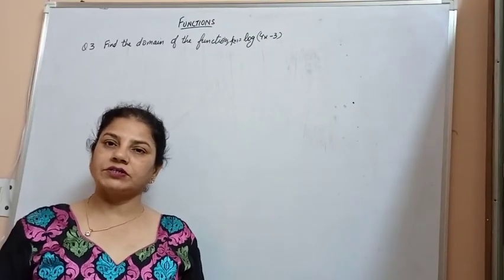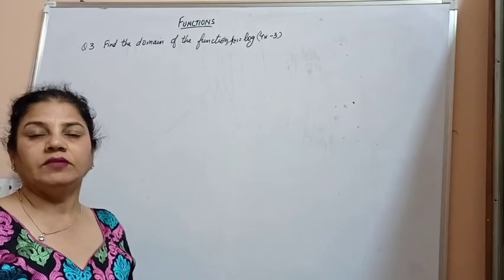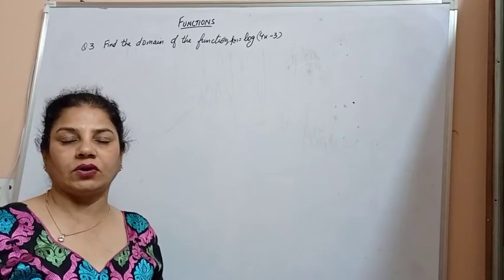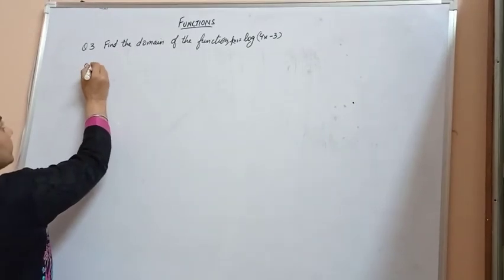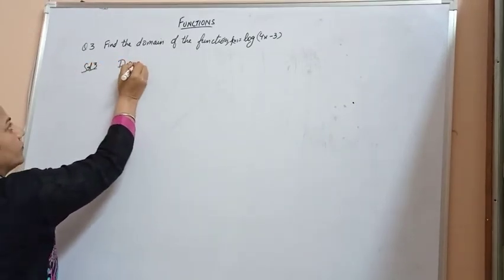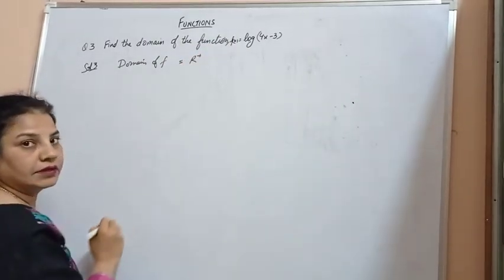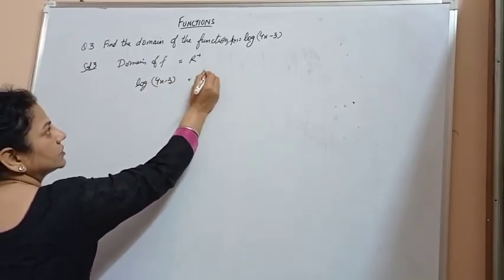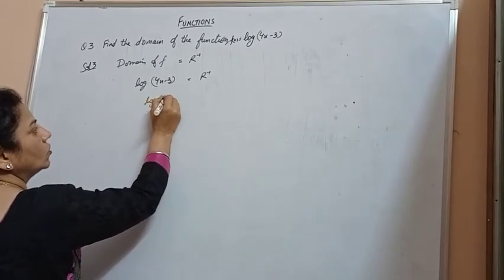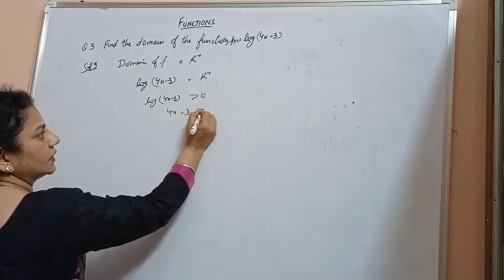Find the domain of the function f(x) is equal to log(4x minus 3). We know that the domain of the logarithm function is positive real numbers. So log 4x minus 3 requires 4x minus 3 to be greater than 0.